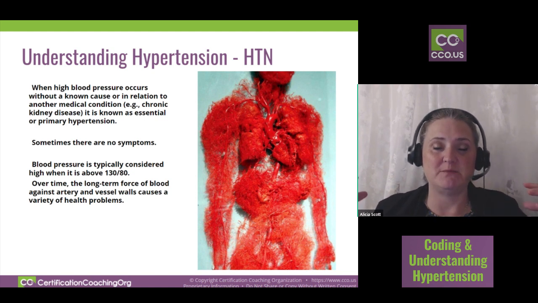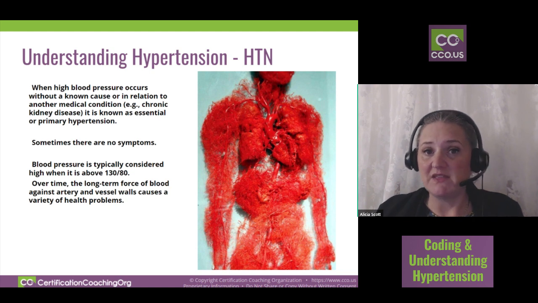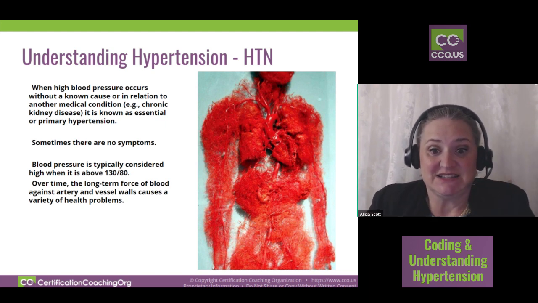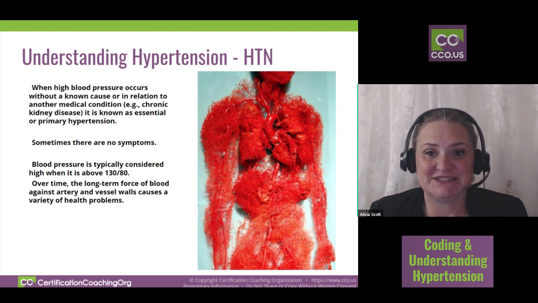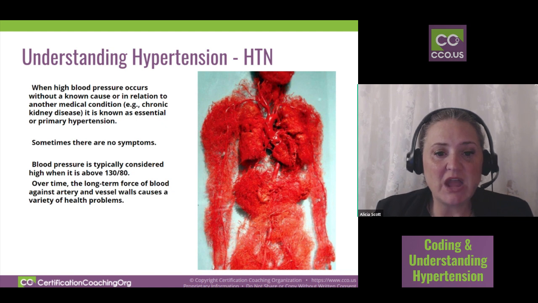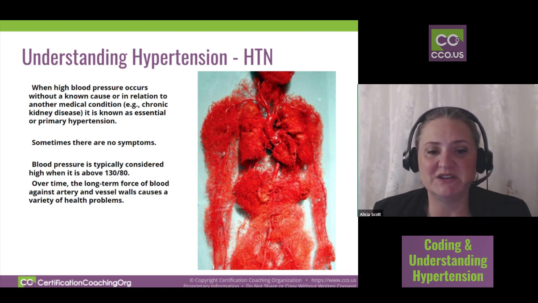They actually inject into the cadaver a substance like a dyed silicone, and then they melt away the rest of the body, but this stays. And that's exactly what your vascular system looks like in your body. It's pretty cool. And over time, again, wear and tear makes your blood pressure go up.